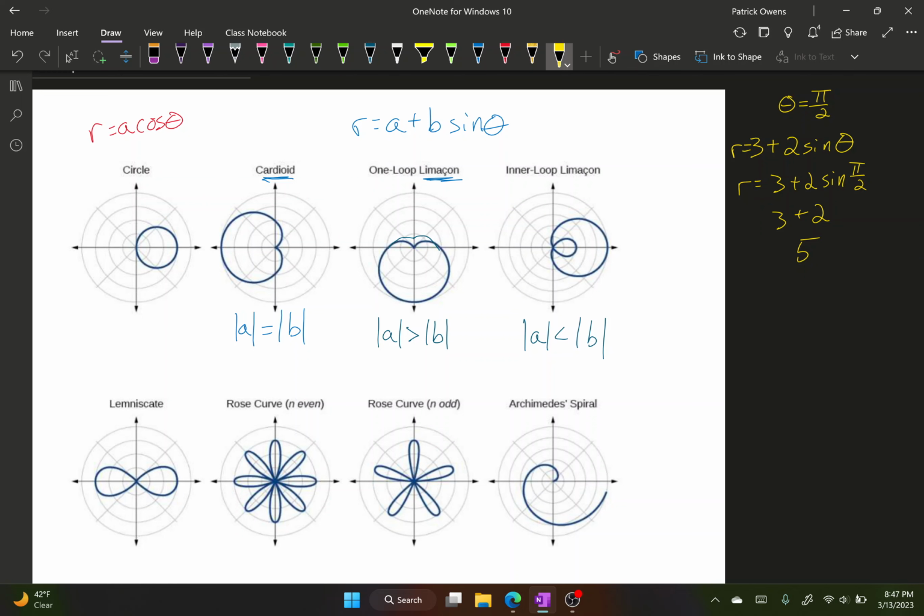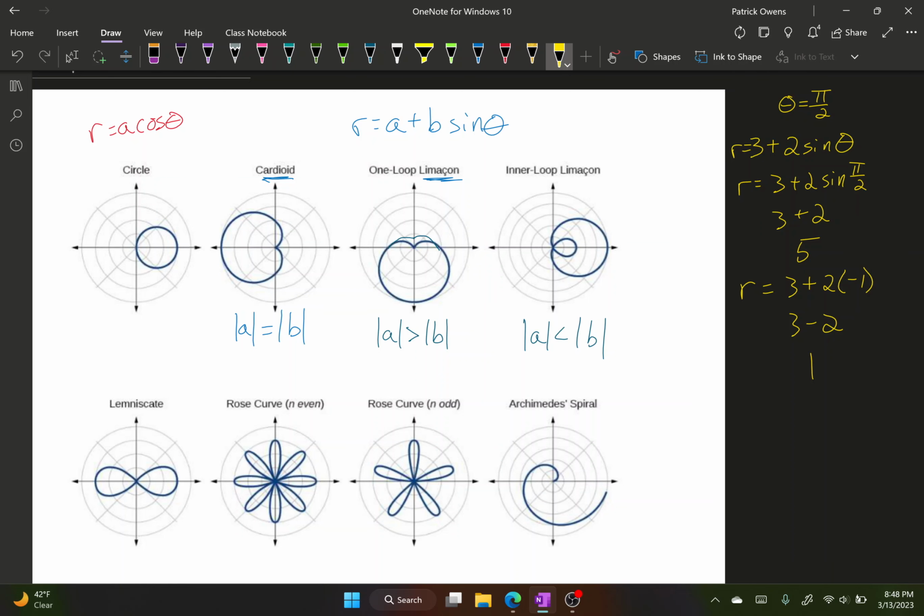But then our minimum value for sine is going to be negative 1 when theta is equal to 3 pi over 2 or negative pi over 2. That's the nice thing about being in polar coordinates. There's an infinite number of ways to get to the same point. So then our radius is 3 minus 2. So that's why we still have a radius of 1 at that dent on the other side, or dimple as some people will call it.